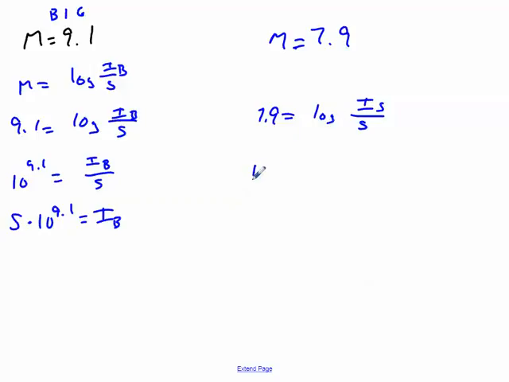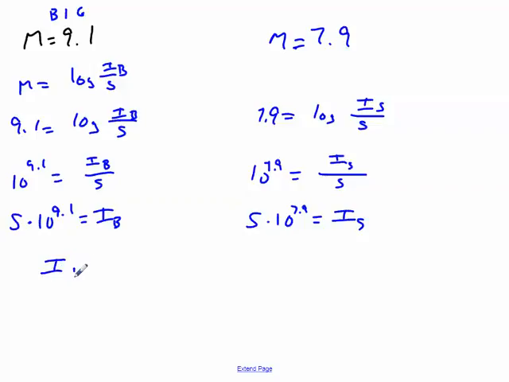We convert this log equation to an exponential equation: 10 to the 7.9 equals the small intensity over S. Then multiply each side by S to get S times 10 to the 7.9 power equals the small intensity. This is the big intensity. All I did was rewrite everything, instead of in terms of logs, as an exponential equation.